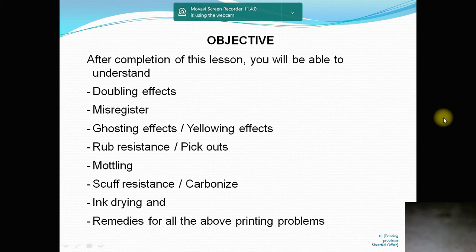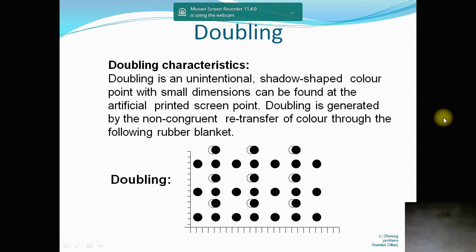Right. The first one is the doubling effect. What is doubling? Doubling is an unintentional shadow-shaped color point with small dimensions that can be found at the artificial printed screen point.